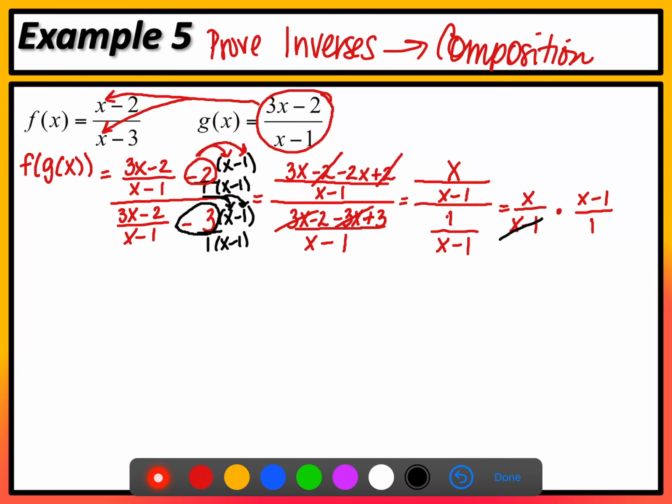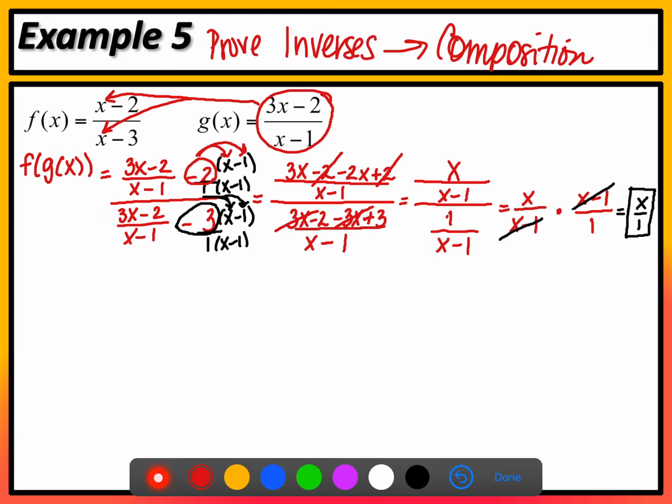Okay, I'm able to cross cancel, and so all I'm left with is x over 1, which is just x. Okay, so far so good. My first composition came out to be the answer that I needed.